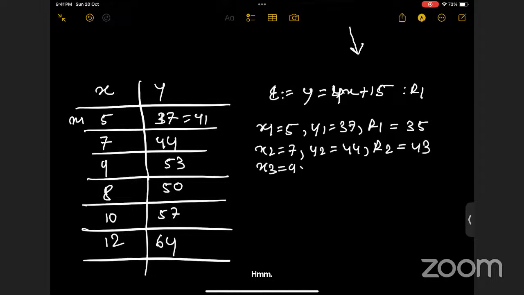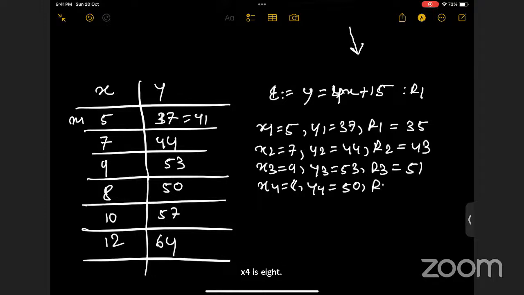X3 is 9, y3 is 53, and what is r3? 51. X4 is 8, y4 is 50, and what is r4? 47. Okay.